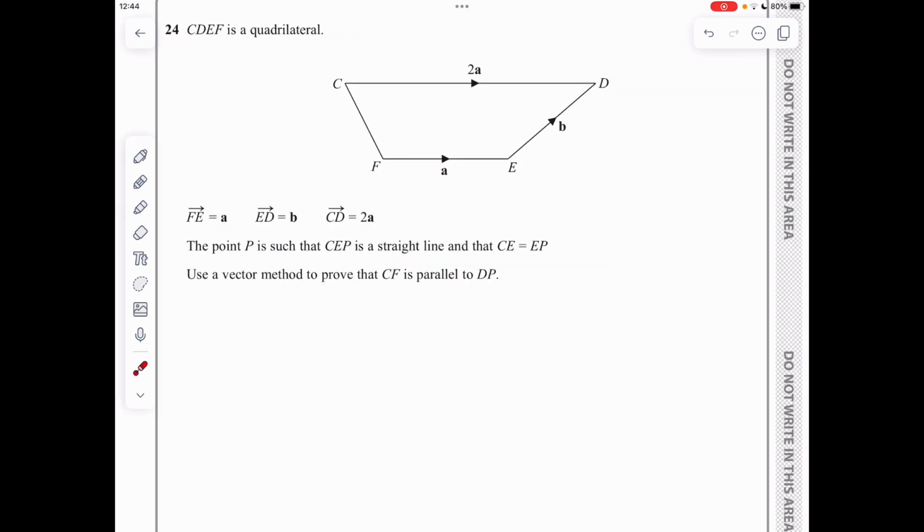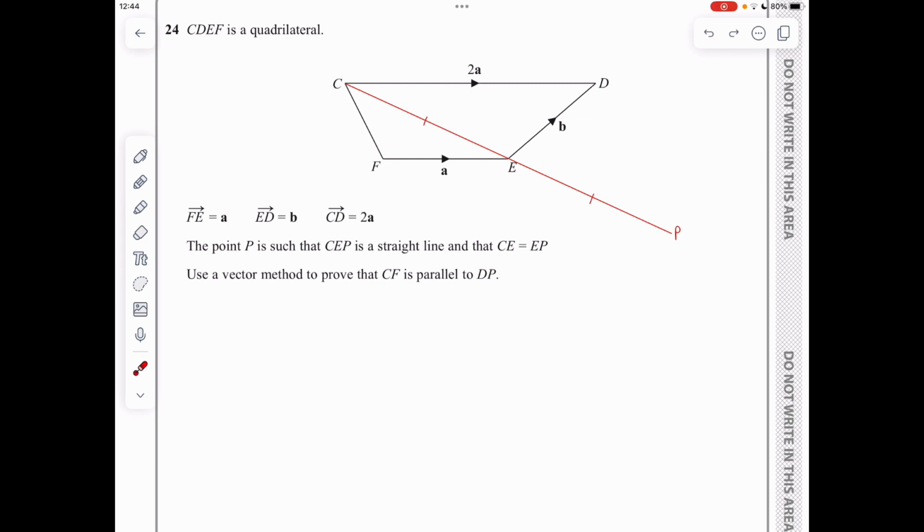In 24, we're given C, D, E, F. Here it's a quadrilateral. We are told that there's a point P such that CEP is a straight line and CE is equal to EP. So it makes sense to draw a straight line CEP such that the distance CE is equal to the distance EP.